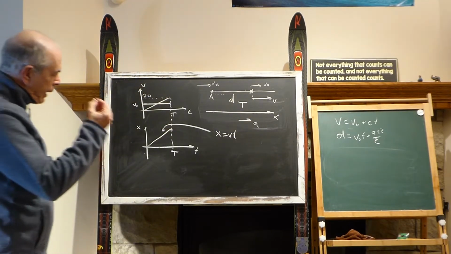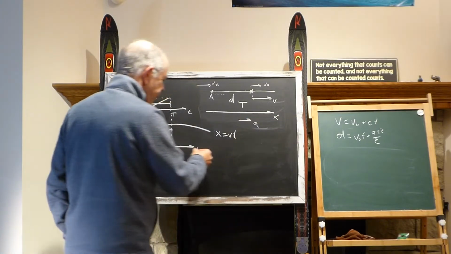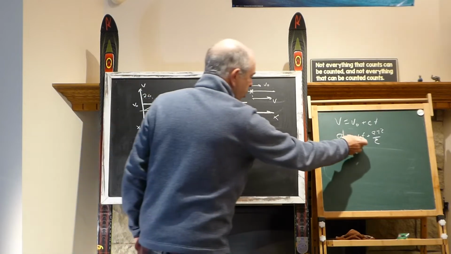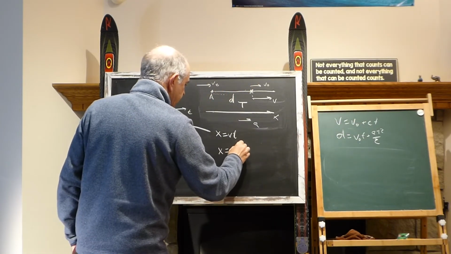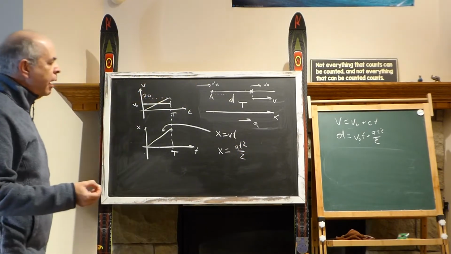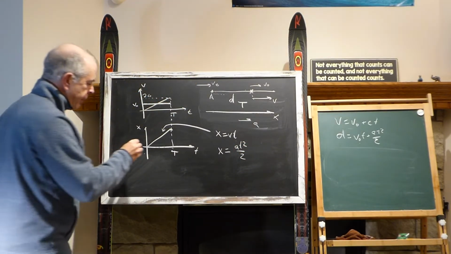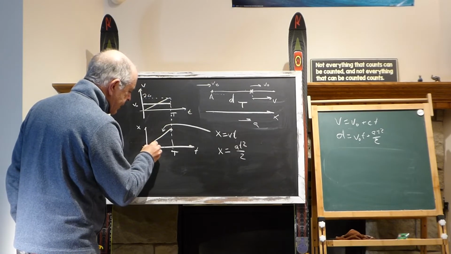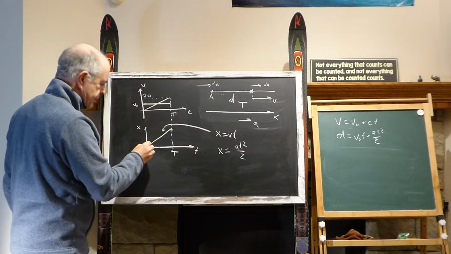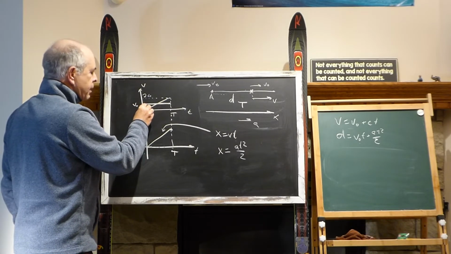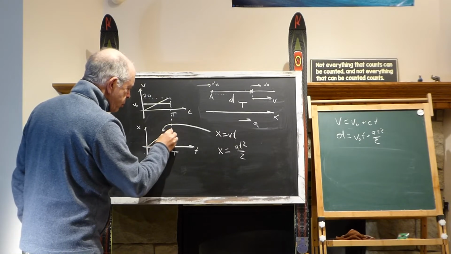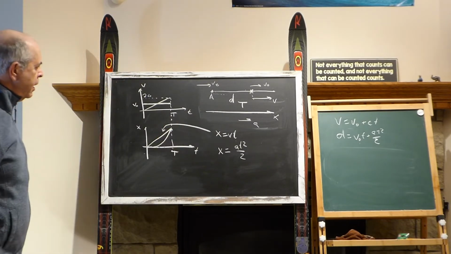But for the car that moves with acceleration, v0 equals 0, so the only thing we have is x equals at squared over 2. So this is the graph of a parabola, and this parabola starts with a tangent equal to the initial speed, which is 0, and then it goes up like this.